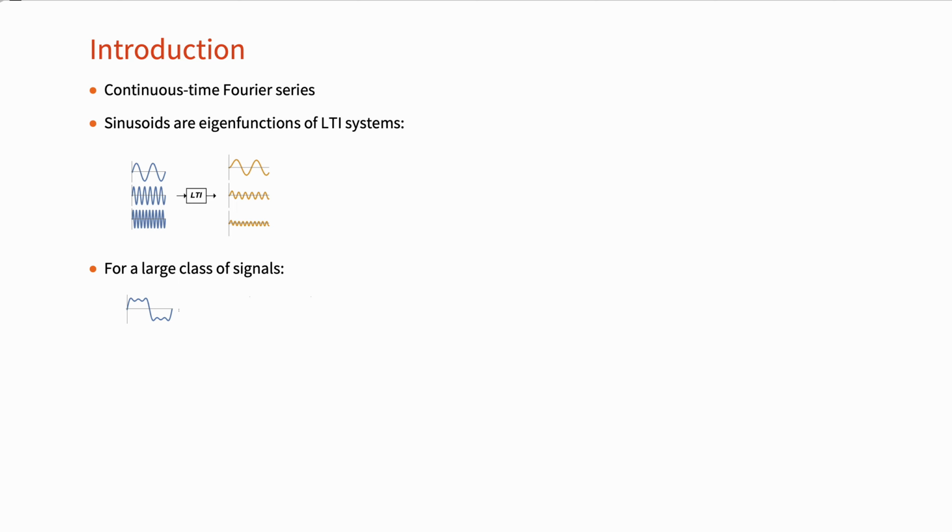Furthermore, we'll see that for a large class of signals, we can represent these signals as a linear combination of sinusoidal signals. And so for LTI systems, where we're interested in finding the system's response or basically the output of the system, we can think of the output as simply the superposition, a linear combination of the individual responses to each of these input signals.